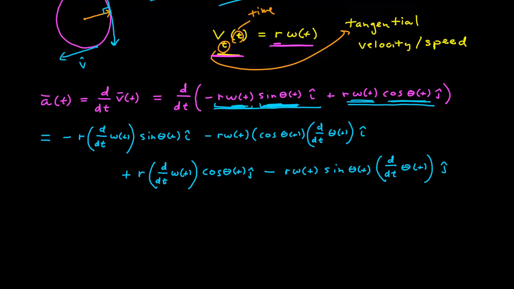So what are we going to do with this thing? Okay. Well, the first thing to recognize is, again, this here is another factor of angular velocity, the derivative of the theta function with respect to time. And also, if you recall from before, the derivative of angular velocity is our angular acceleration, which we call alpha. And it could also be a function of time.